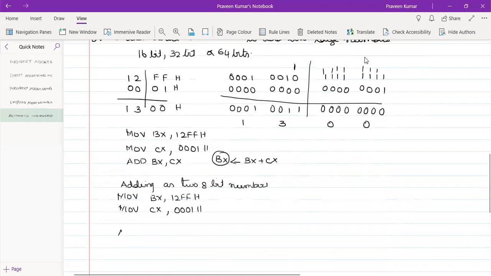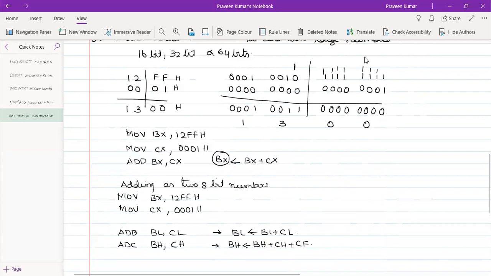And what I'll be doing is add BL comma CL. In this instruction, BL will get the value BL plus CL. After this, I will write ADC BH comma CH. That implies BH will have the value BH plus CH plus the carry flag value.